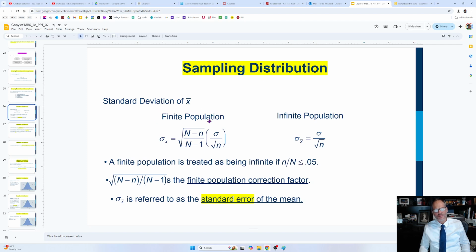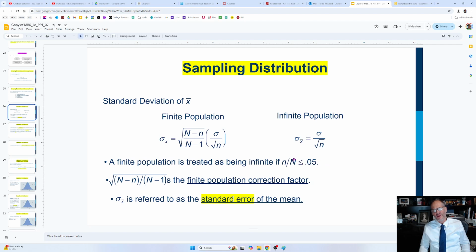So there's two formulas: finite population and infinite population. A finite population is treated as being infinite if small n over big N is less than or equal to 0.05.